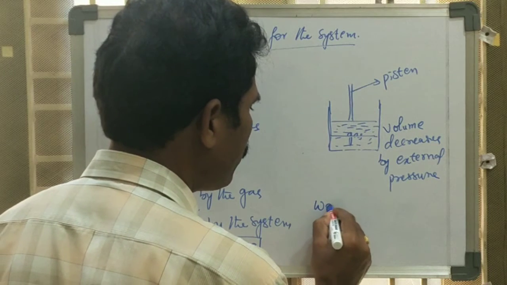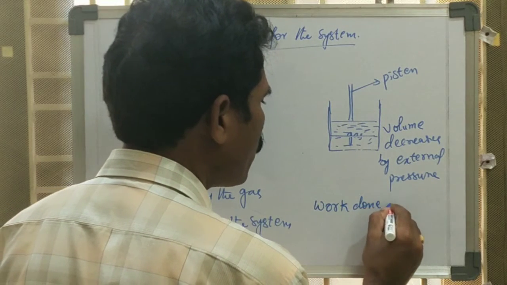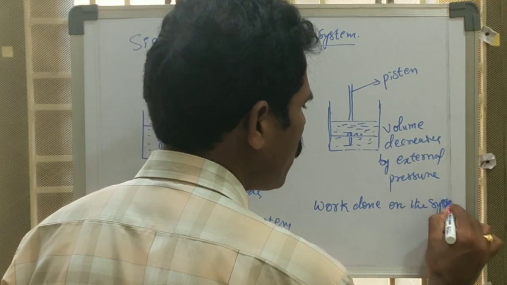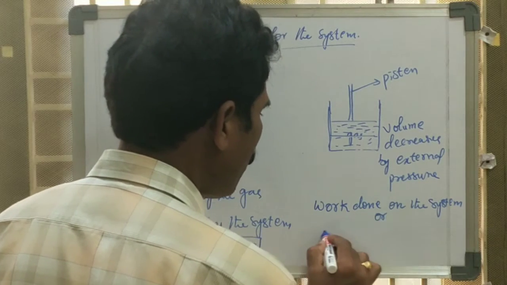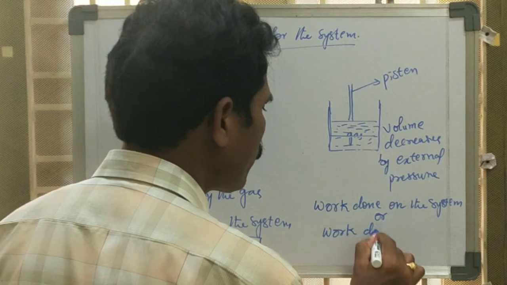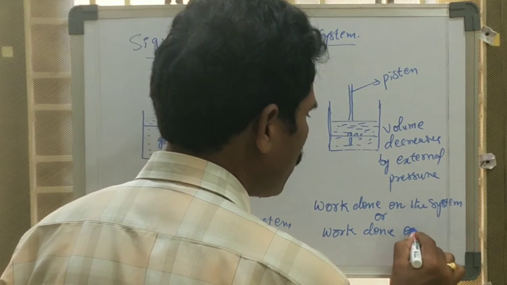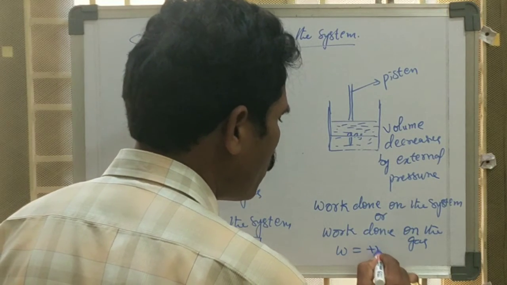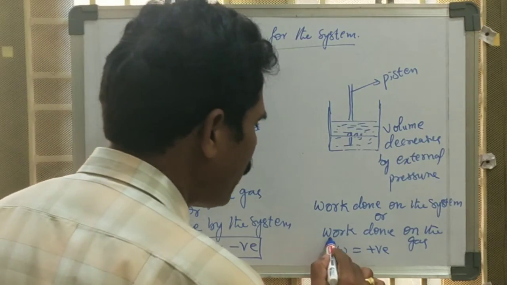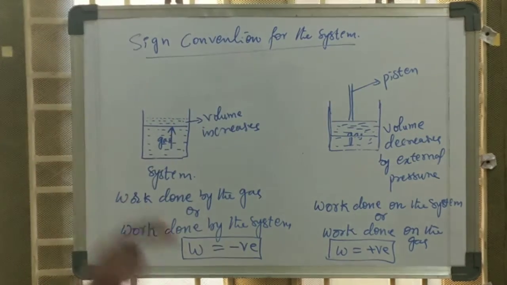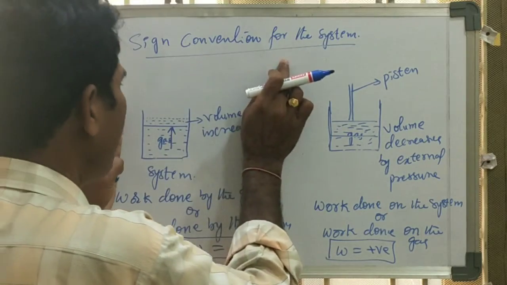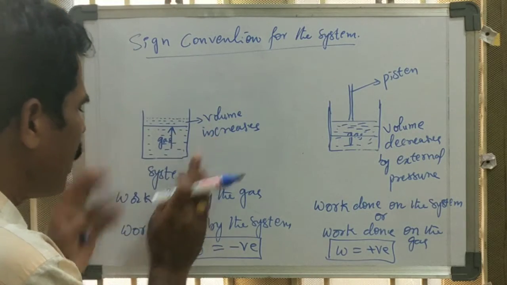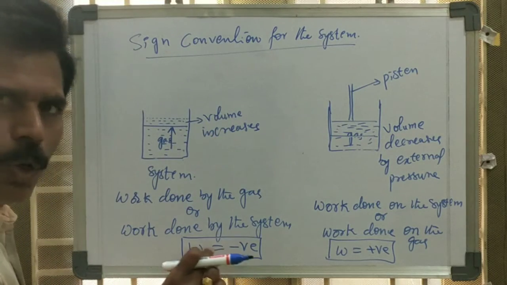Let me write here: work done on the system or work done on the gas. So W is equal to positive, right? So this is the sign convention. Work done by the system, work done by the gas, is W equal to negative always.